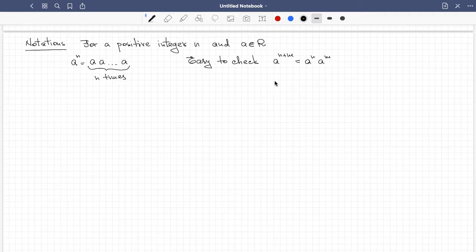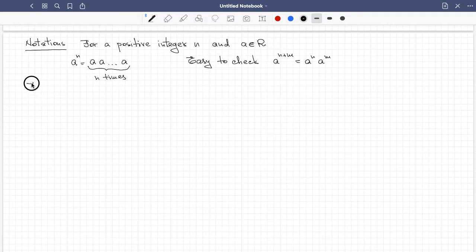I now want to enlarge the domain for n a little bit, allowing for 0. You know, a number taken to the power 0 is 1. A ring may have no identity.